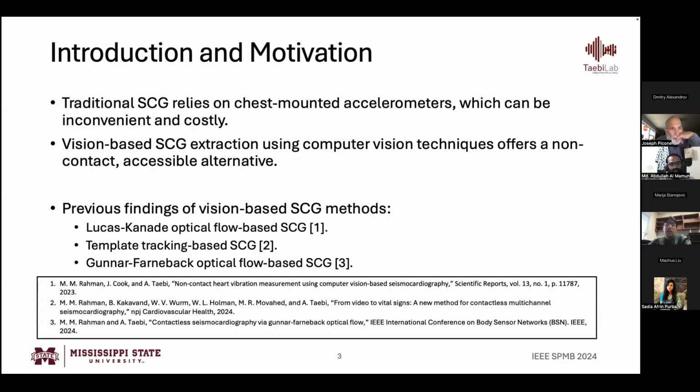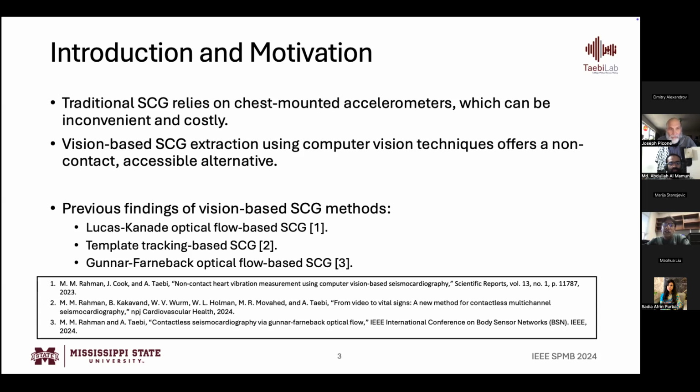To overcome these challenges, we explored SCG extraction using computer vision-based methods, which can offer a non-contact and accessible alternative. Previously, we developed vision-based SCG extraction using three computer vision-based methods: Lucas-Kanade optical flow-based SCG, template tracking-based SCG, and Farneback optical flow-based SCG.